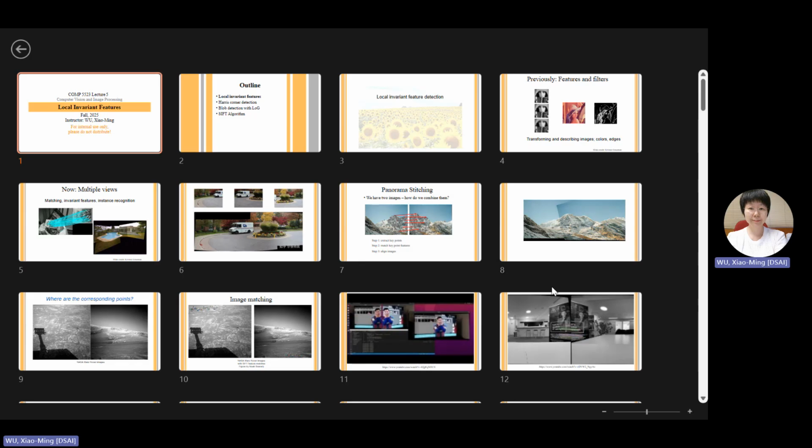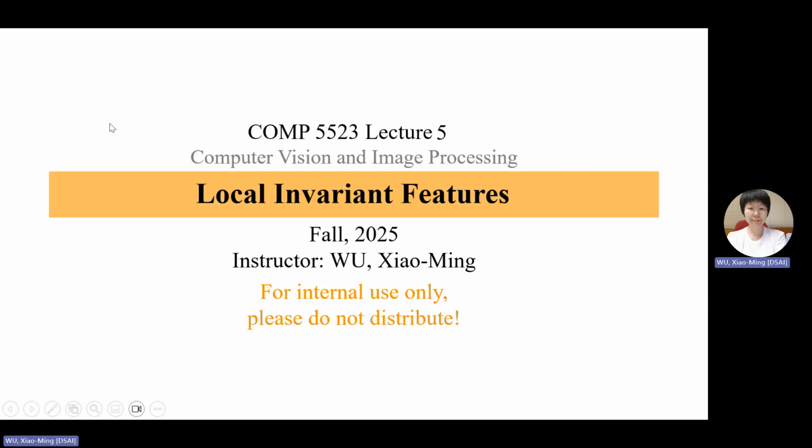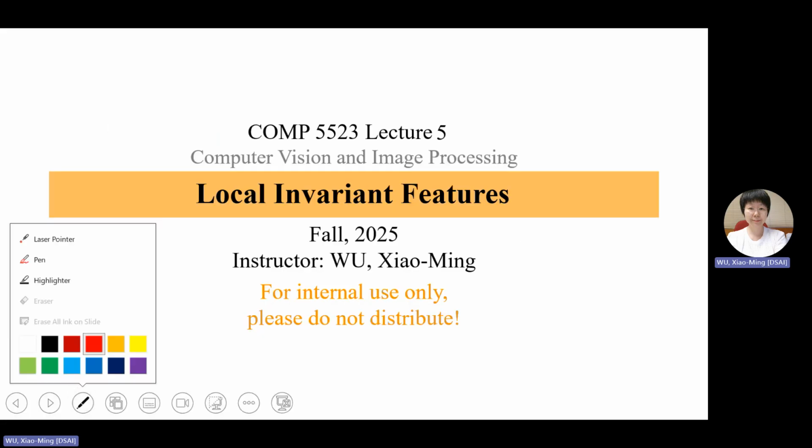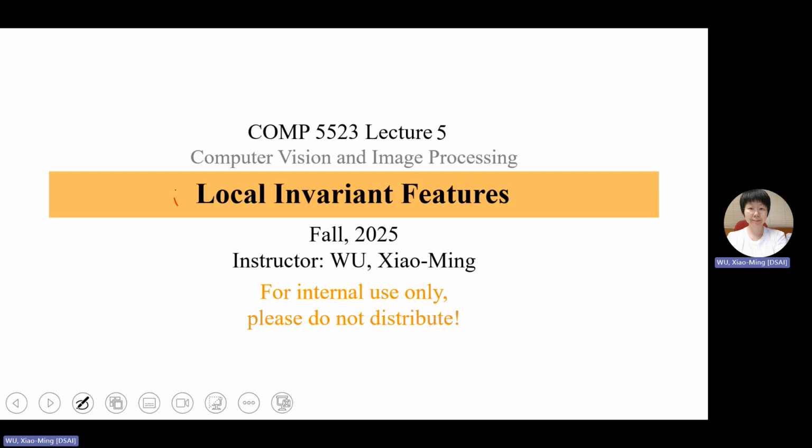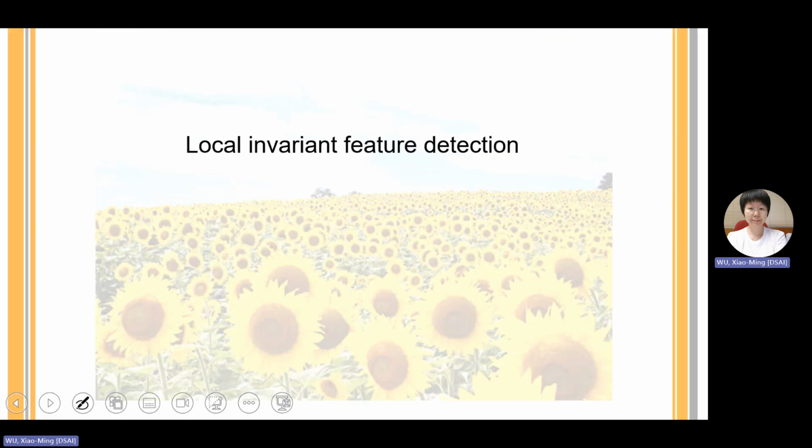The SIFT algorithm is to identify interesting local features and invariant features. Invariant means the features are robust, invariant to, for example, rotation and scaling.